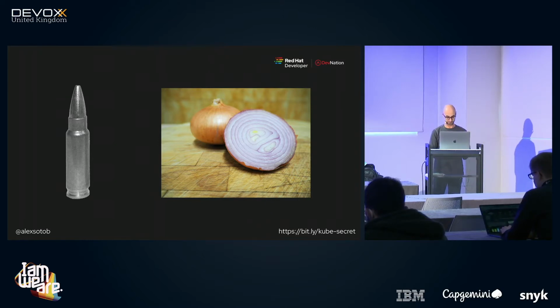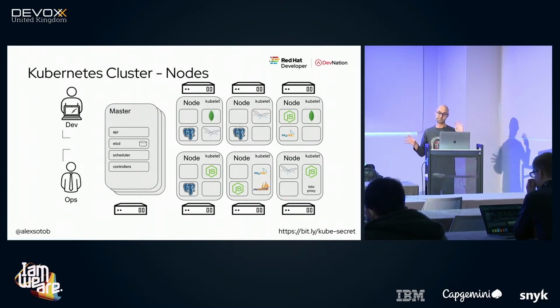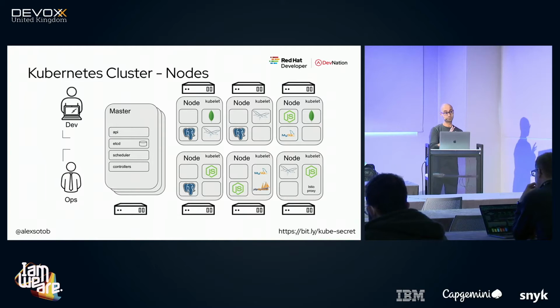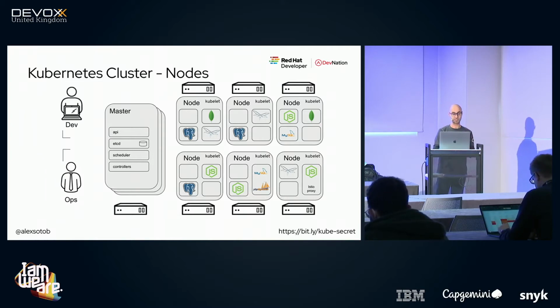things might go wrong. Before we start with what Kubernetes Secrets are, I'd like to show you a quick introduction of Kubernetes, because it's important to understand how it works. Basically, we've got master or primary nodes. This is where the engine of Kubernetes lives.